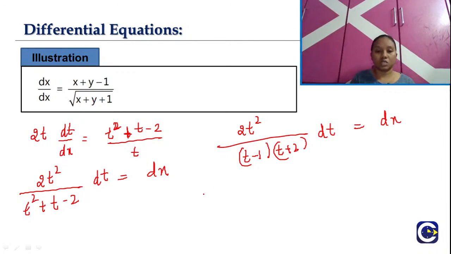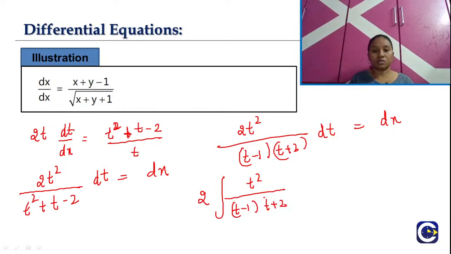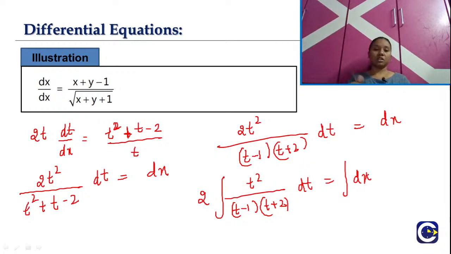So now it will be integrated, that is 2 times t square by t minus 1, t plus 2 dt, which is equal to the integration of dx. Right, so here it is in terms of our partial fractions. So we have to split this and do the partial fractions.